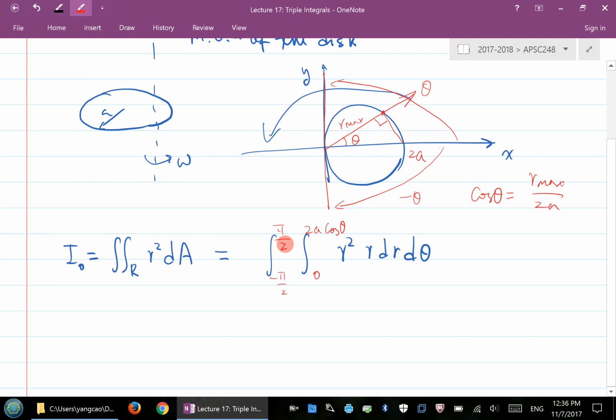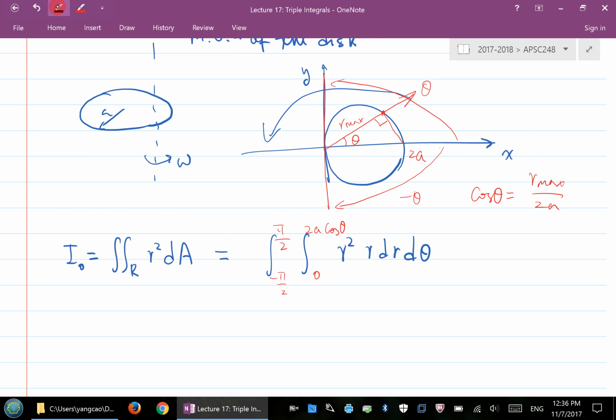Another consistent way is you still go from the lower bound first, but everything goes in one direction. So you go from here to here, that's 3 pi over 2. Keep going up to here, it's 5 pi over 2. So alternatively, the limits could be 3 pi over 2 to 5 pi over 2. Either way will work. I'll use negative pi over 2 to pi over 2 for this example.